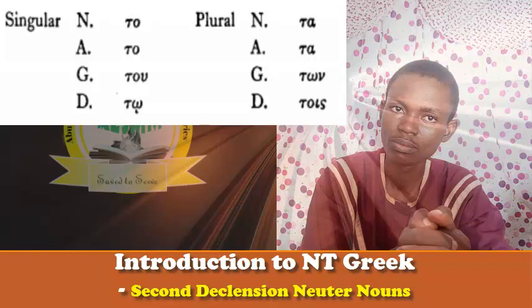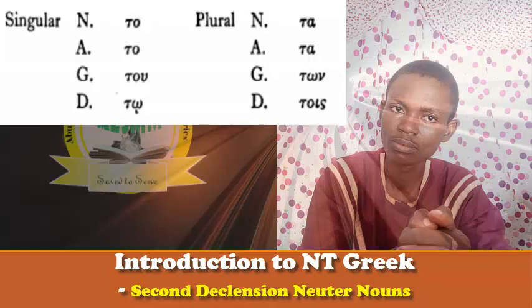Hope you are following. That is to say, the definite article follows the ending of ergon exactly. But there are exceptions. If you look at the nominative and the accusative singular, we do not add the nu, for it would be the same as the accusative masculine if nu is added.